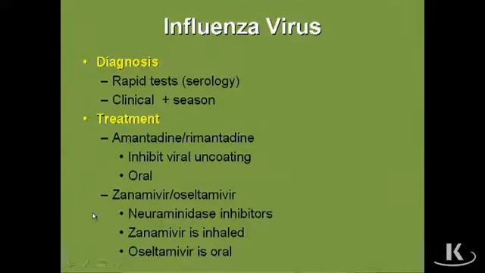Now we have two different treatments for influenza, old school and new school. The old school treatments are amantadine and rimantadine that inhibit the uncoating of the virus, okay? The new treatments are the neuraminidase inhibitors, zanamivir and oseltamivir. Zanamivir is an inhaled drug, whereas oseltamivir is an oral drug.